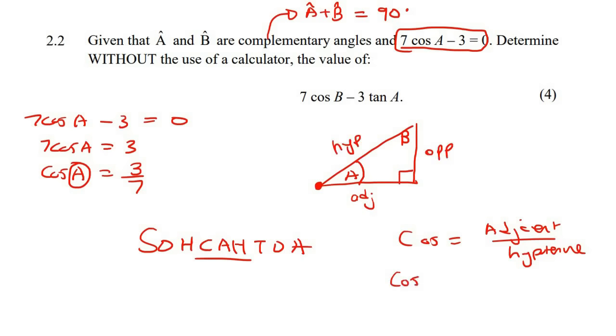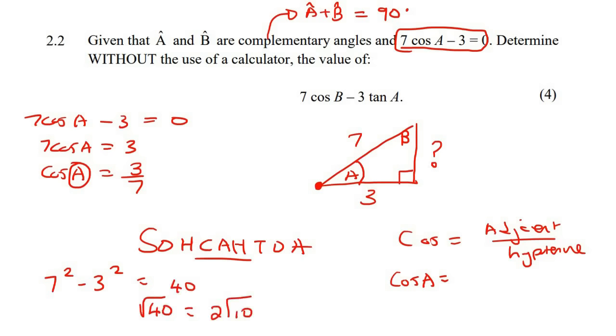So we say cos of A is 3 over 7, which means this is 3 and this is 7. We can then use Pythagoras to find this missing side: 7 squared minus 3 squared, which is 40. We take the square root of 40, which is 2 square root 10. So we can write 2 square root 10 over here.